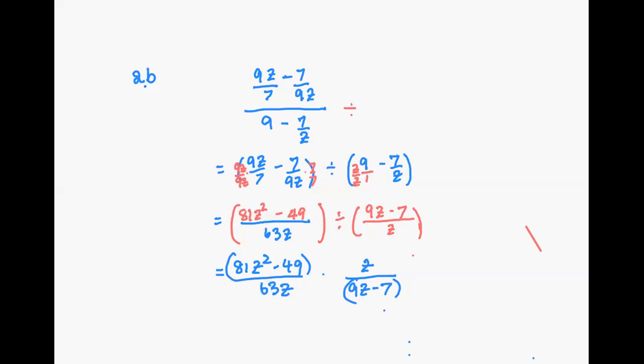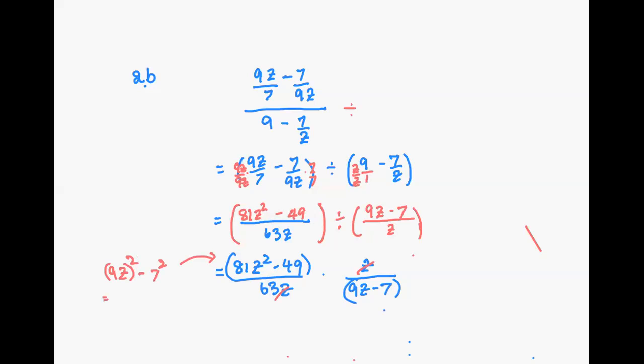At this point, we can see that the z and z can be reduced, and 81z squared minus 49 is the difference of two squares, which is the quantity 9z squared minus the quantity 7 squared.